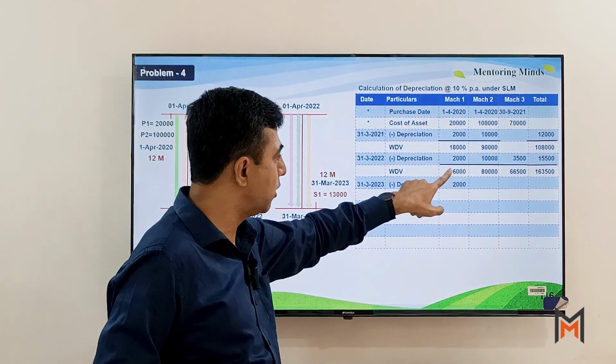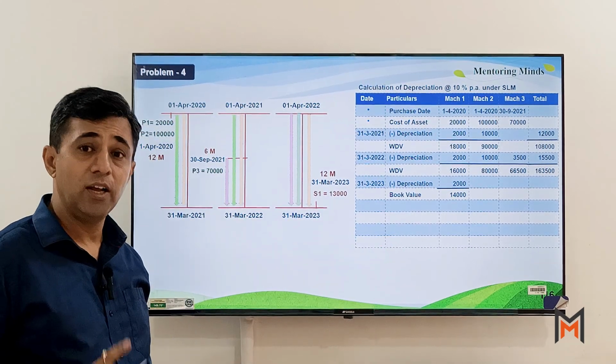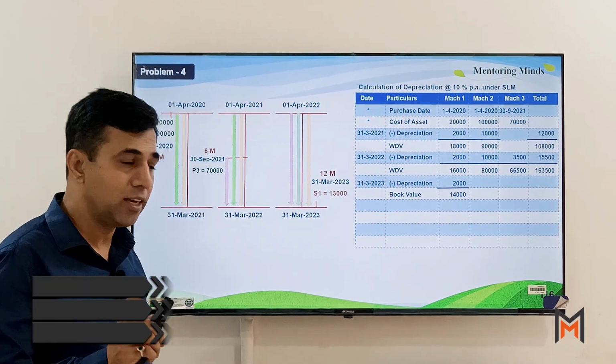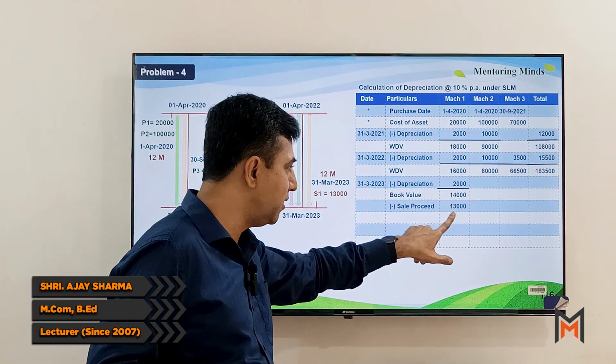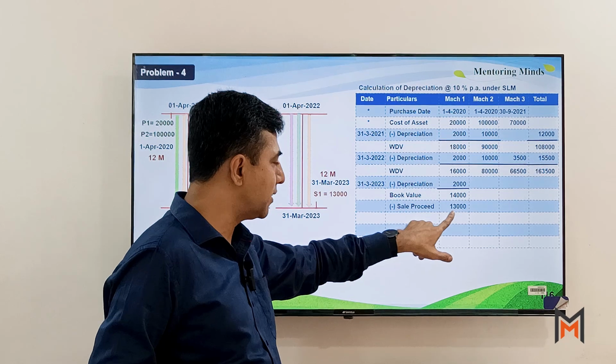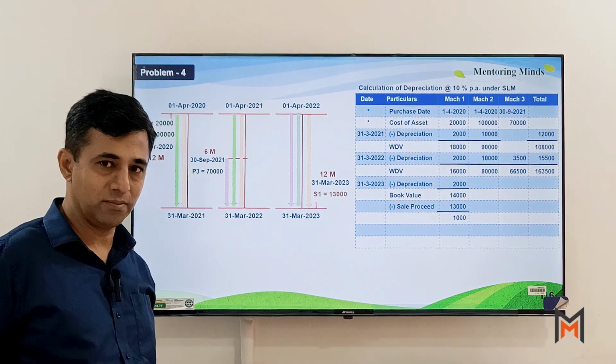After subtracting 2,000 from 16,000, we will get 14,000 as the book value. The asset of 14,000, at how much did we sell it? Sir, we sold it for 13,000. The 14,000 asset we are selling at 13,000, that means 1,000 is a loss.